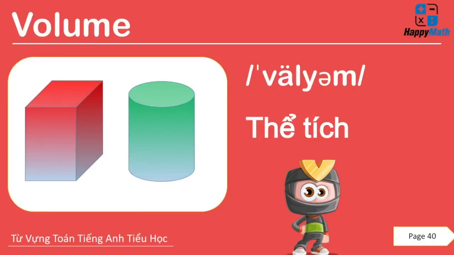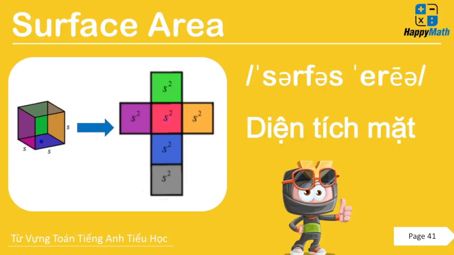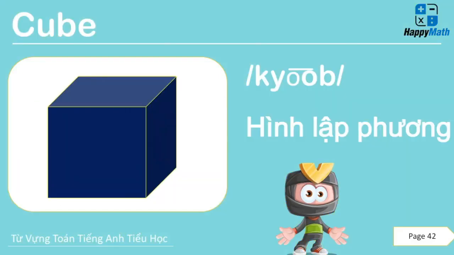Volume, surface area. Surface area means like this. Cube. Another meaning of cube is hình lập phương. Yes, this is a 3D shape about the geometry.